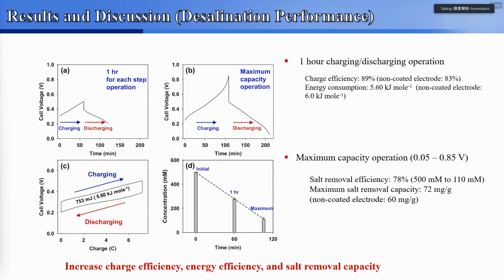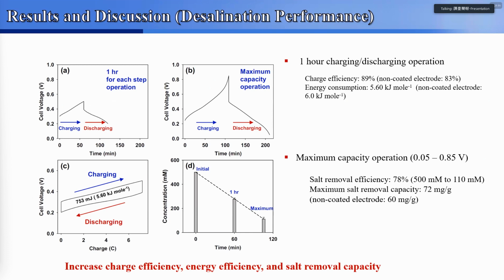And this page shows the result of desalination performance. The left figure shows the result from a 1 hour charging operation. From the result, the charge efficiency was 89%, and the calculated energy consumption is 506 kilojoules per mole. This is a much higher value than using non-coated pristine electrode material.